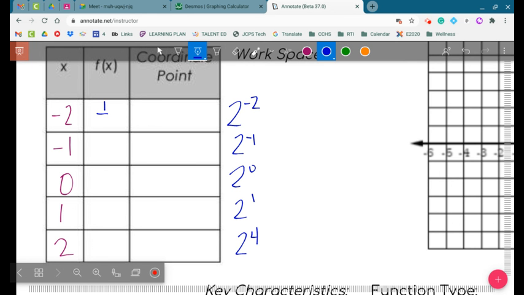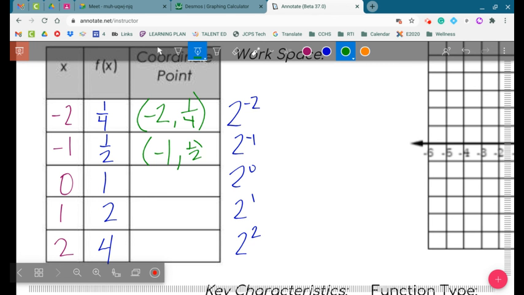This is going to give us 1/4, 1/2, 1, 2, and 4. I totally messed up on that last one, didn't I, you guys? It should be 2 to the 2nd. So these are all of our ordered pairs: -2, 1/4, -1, 1/2, 0, 1, 1, 2, and 2, 4.